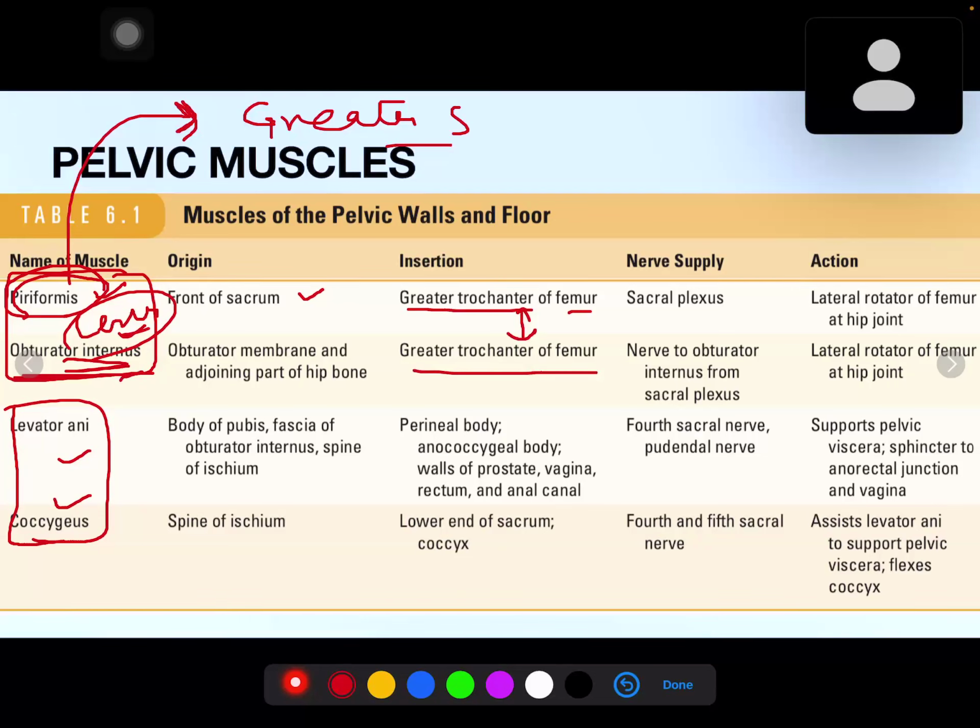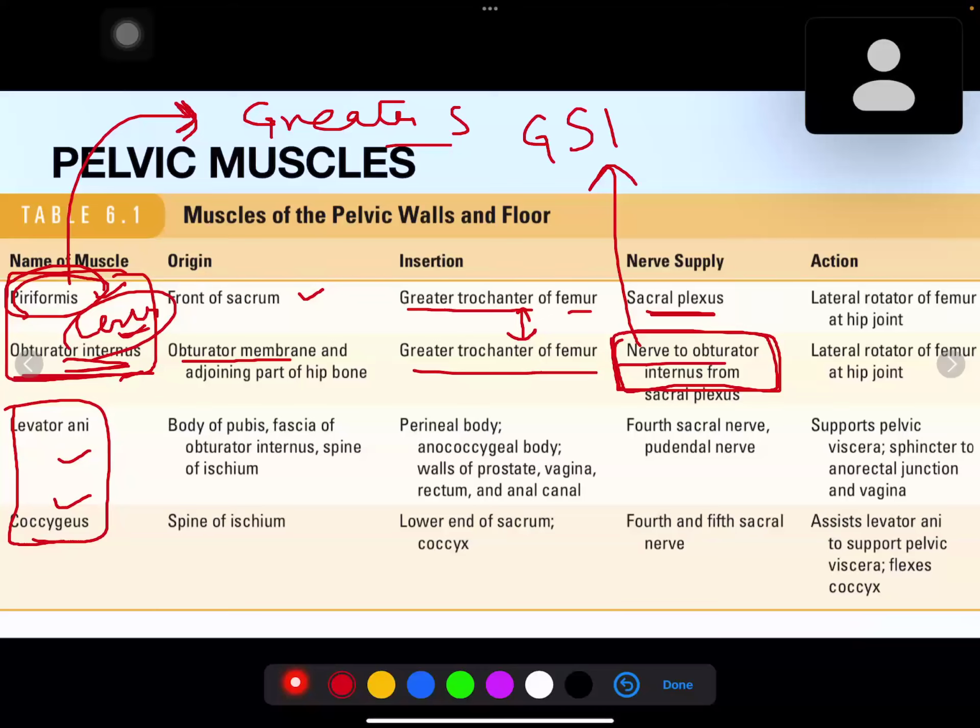Again, obturator internus, the name indicates it originates from the obturator membrane. The nerve supply of piriformis is from the sacral plexus, and for obturator internus it is the nerve to obturator internus. If you remember the foramina, we discussed the nerve to obturator internus. It goes through the greater sciatic foramen and also the lesser sciatic foramen.